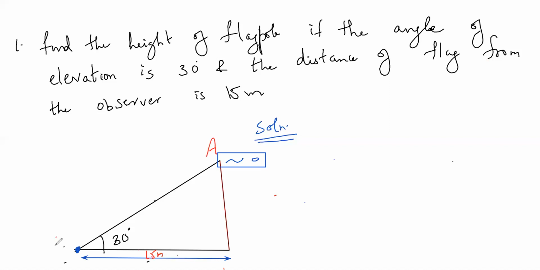So I'll put ABC as a triangle, right angled at C. Okay, so for all the heights and distance problems, we use tan. Mostly we use tan. So we use tan 30. Tan 30 is what? Opposite side by base. What is my opposite side? AC. AC by BC.